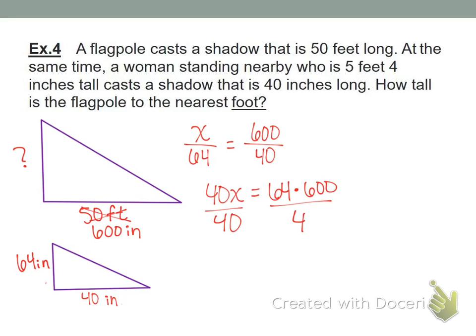If you have a calculator, that makes this a little easier. Since I don't, I'm going to do a little bit of canceling here. 4 goes into 60 15 times. So I need to take 64 times 15. What do we get? Okay, any way you do it, you should get 960.